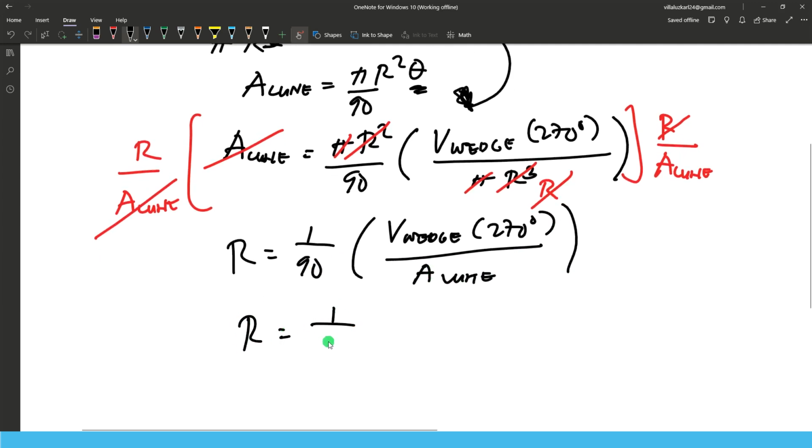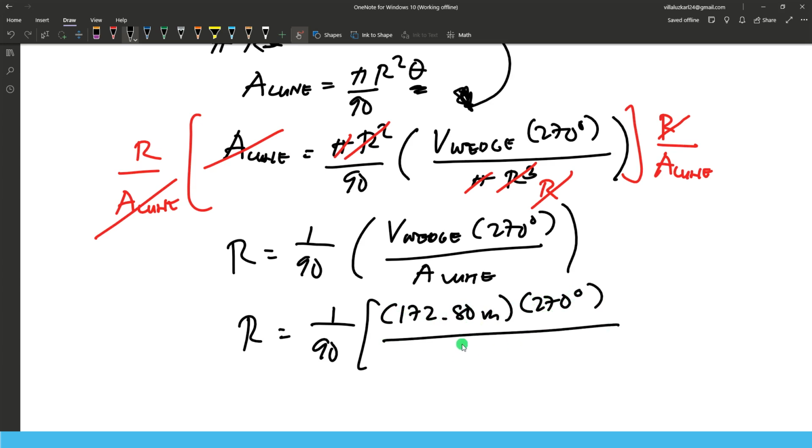Okay, so substitute all the givens. We have the volume of the wedge, which is 172.8, and 270 degrees over 90 degrees, and the area of the loon, 86.4.